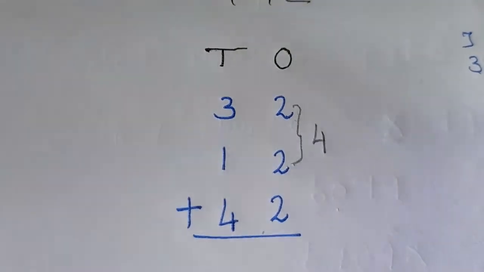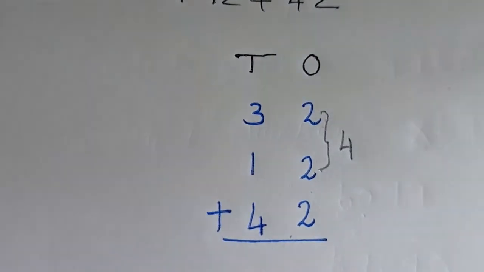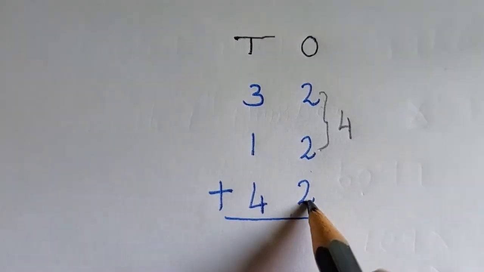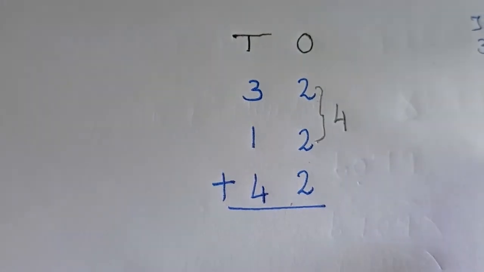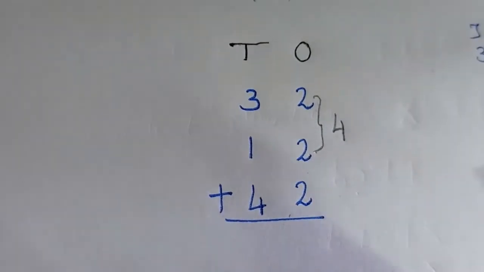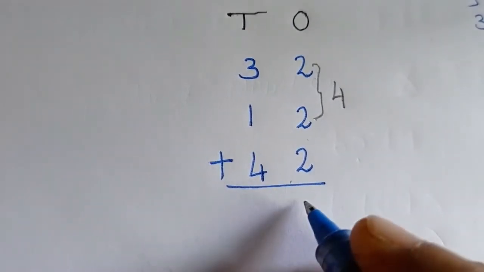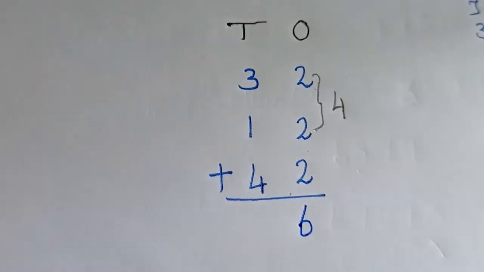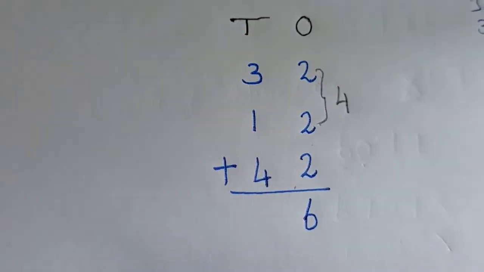Now keep 4 in mind, then one more number is remaining. Take 2 fingers, 4 after that 5 and 6. So the answer is 6. Write 6 in the ones place.